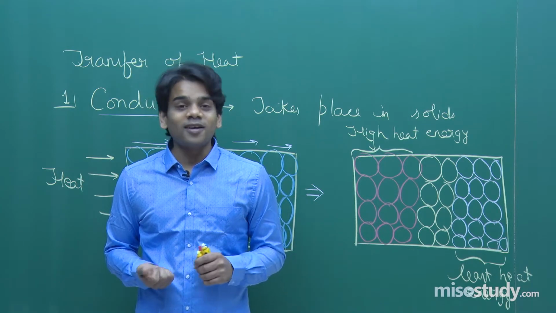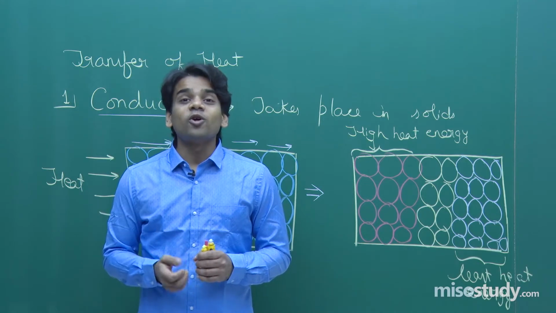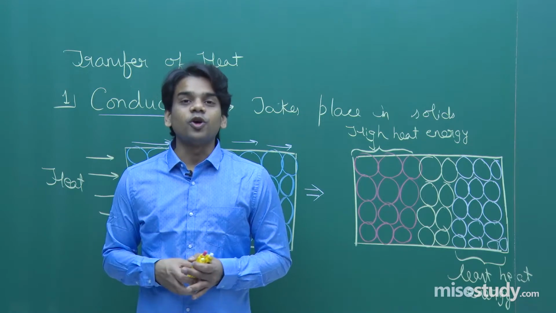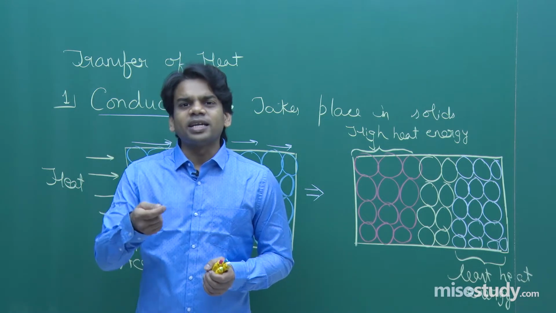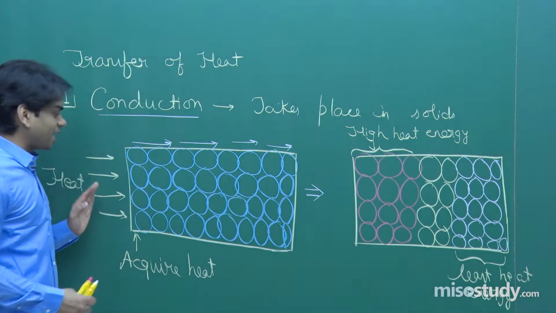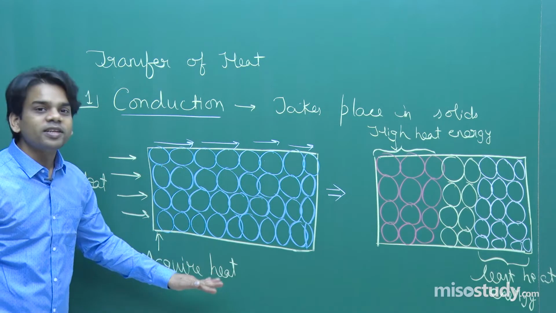Why is that so? Because heat is getting transmitted from one end to the other end, and thereby you feel the heat energy within the object. That is how heat transmission takes place by the process of conduction.